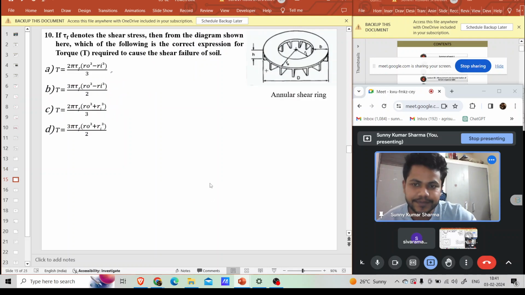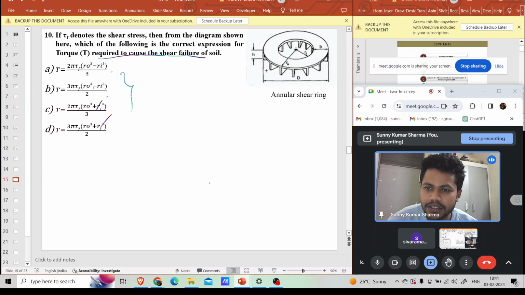Correct. Okay, can you tell which of the following expressions is correct for the torque required to cause shear failure of the soil? The plus will not be there, so you can cut it from the options directly.